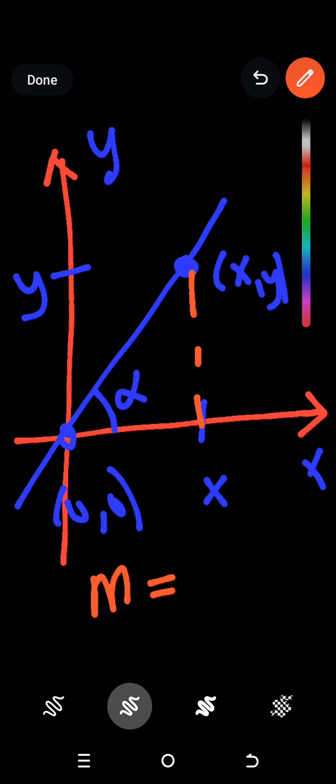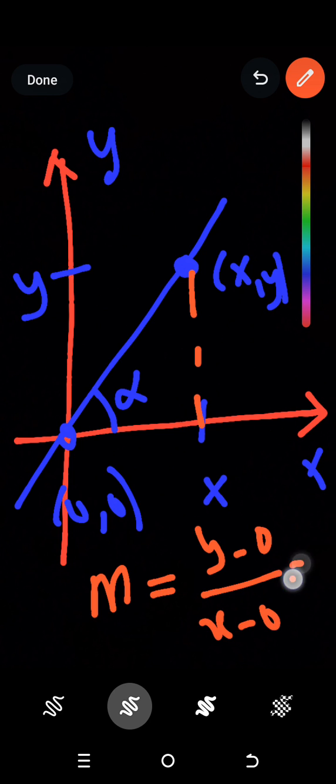We have the point xy and we have the point 0 0. So change in y is y minus 0. Change in x is x minus 0. And this is going to give us y divided by x. All right. Now, if I ask you to find the tangent of that angle alpha, you tell me that tan alpha is equal to opposite. This is a right angle triangle.